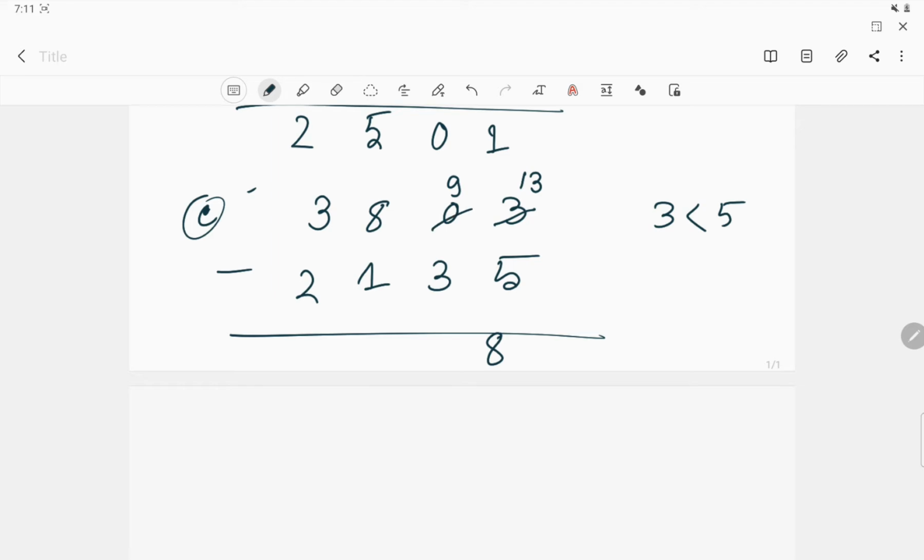And it will be 7 because you already borrowed from the hundreds. So 9 minus 3 is 6, 7 minus 1 is 6, and 3 minus 2 is 1. So the difference will be 1668.